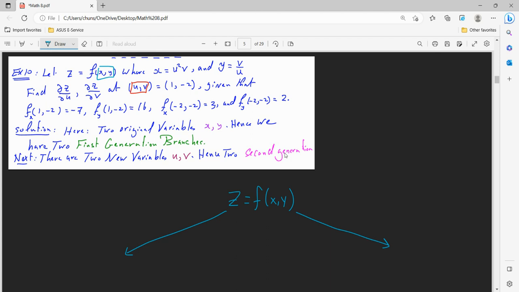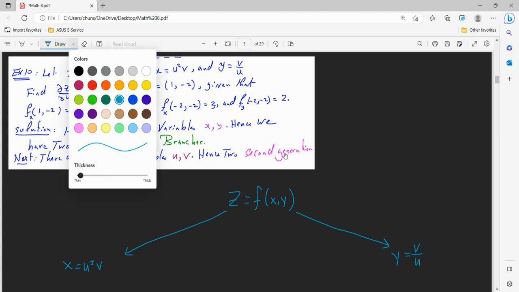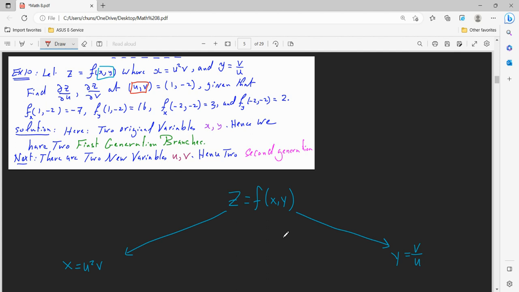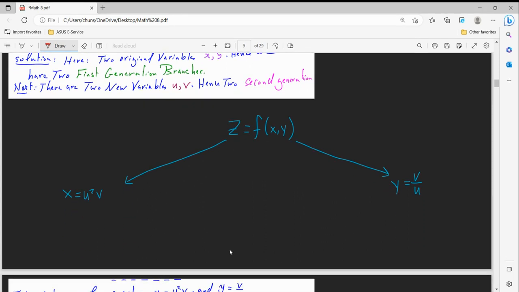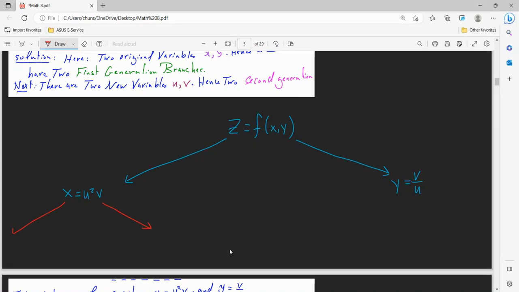So this is x is equal to u squared v, and y is given to us as y equals v over u. Okay, and these each have two variables, so we're going to split these off into two. And this is going to be u and v, u and v. Okay.